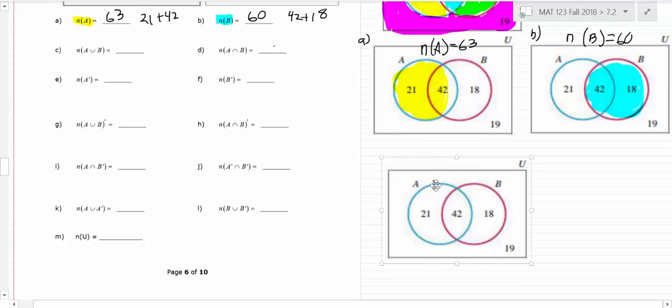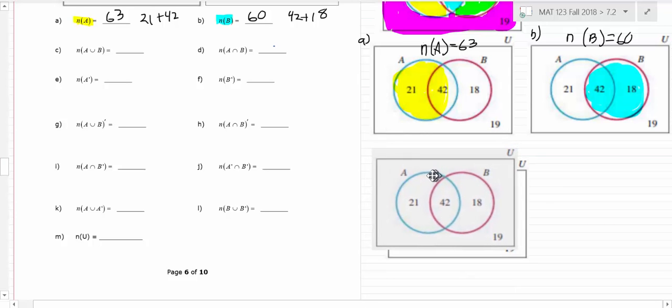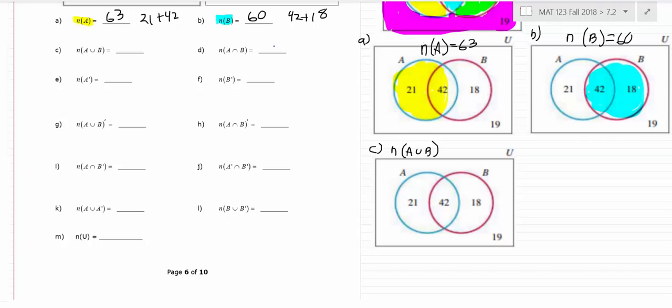I'm going to paste the next one here, blank diagram. So in C, we're doing the number of elements in A union B. First of all, you've got to know what the union is. The union is when you join these two sets together.